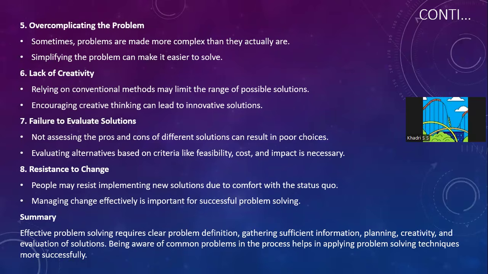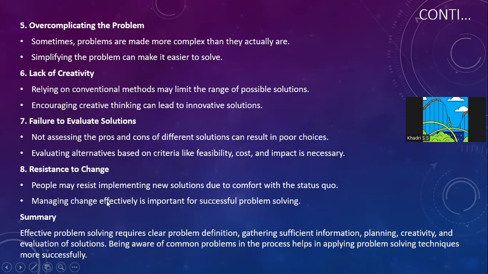Some problems look easy, but when you go to solve them, we face a lot of problems. Simplifying the problem can make it easier to solve. Next, lack of creativity, failure to evaluate the solution, and resistance to change. So these are all the eight problems we can come across when solving a problem, right?